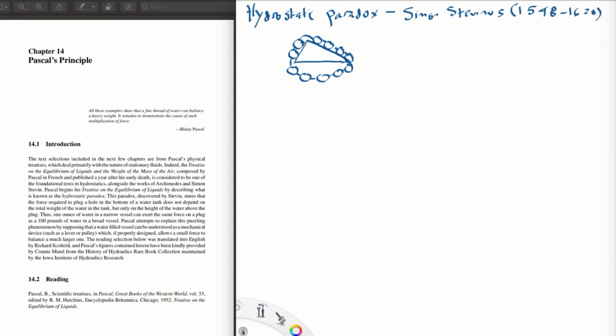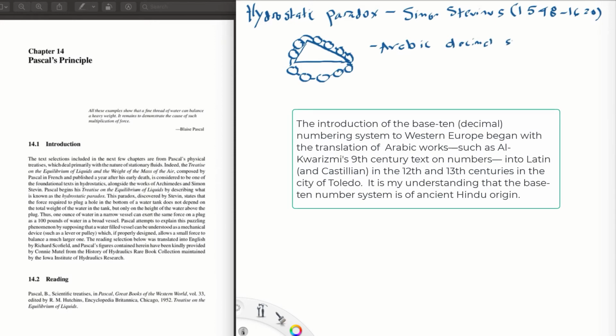Well, we are not going to be talking about the epitaph of Stevinus today, nor the other thing that he's famous for: he introduced Europe to the Arabic notion of the decimal system. You might recall that when we were studying Galileo, he never used decimals.